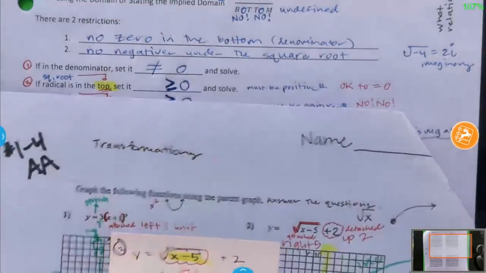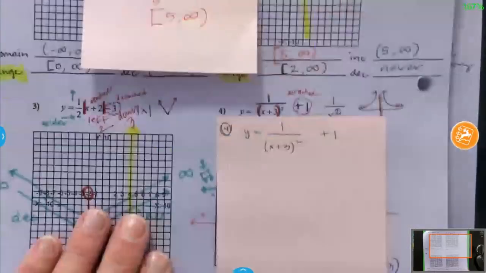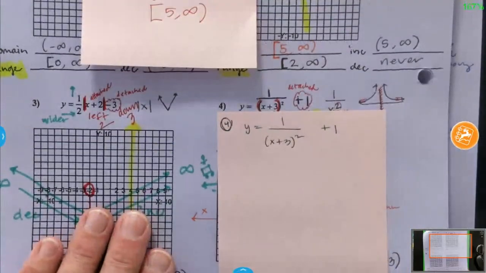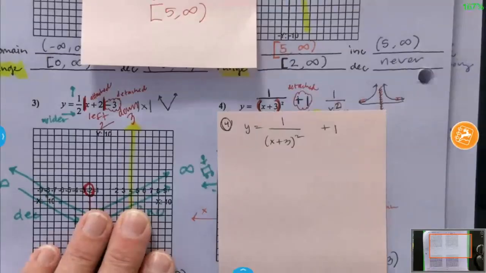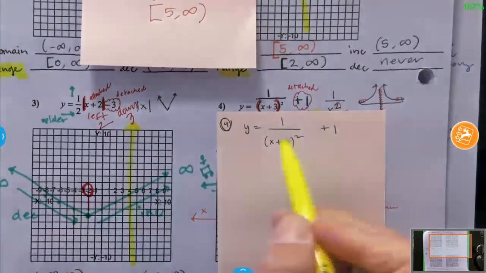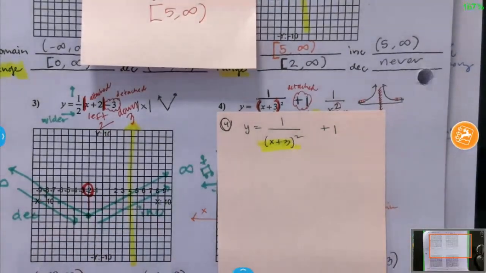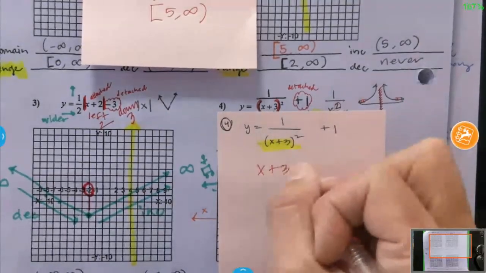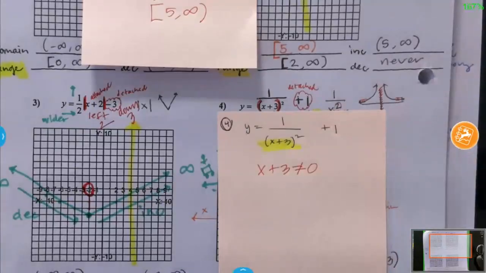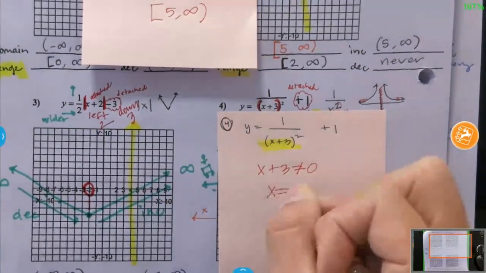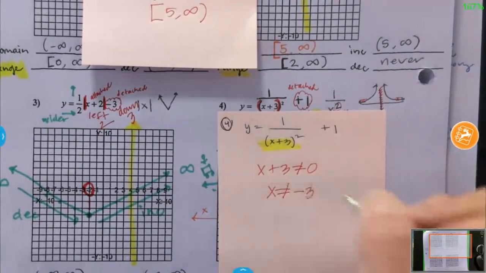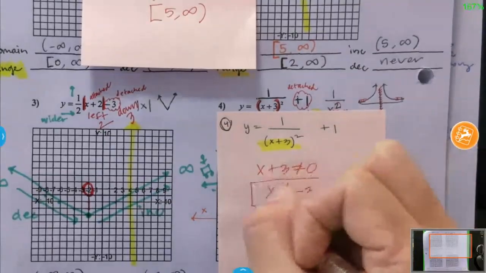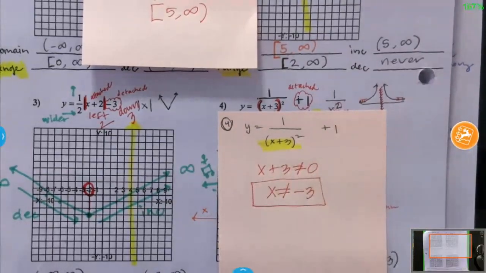No 0 in the bottom. Well, do I have a denominator for number 4? Yes, I do, right? So this cannot equal 0. X plus 3 cannot equal 0, because if it equals 0, it would have 0 in the denominator, and that's undefined. So x cannot equal negative 3. This is what we would have said last week when we didn't know about the graph.